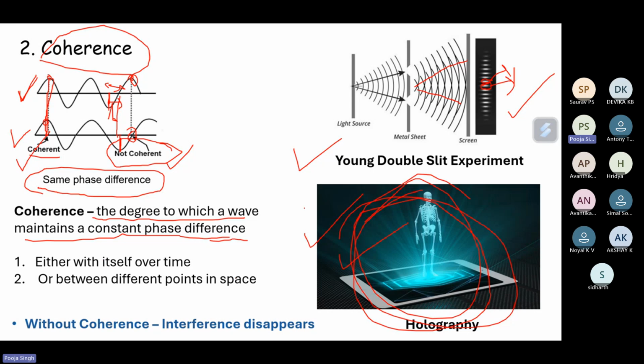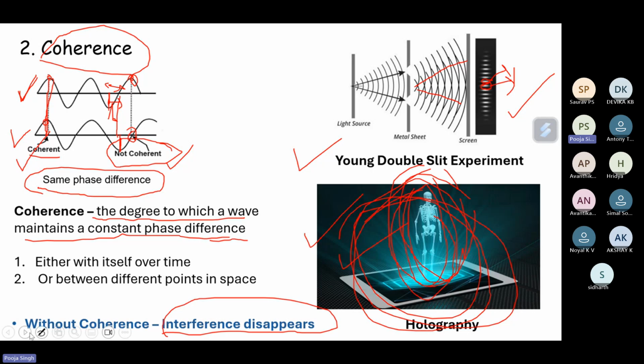So coherency matters. If you do not have proper coherency, you will not get the proper image of your molecular feature or whatever you want to detect. Without coherence, interference will disappear.